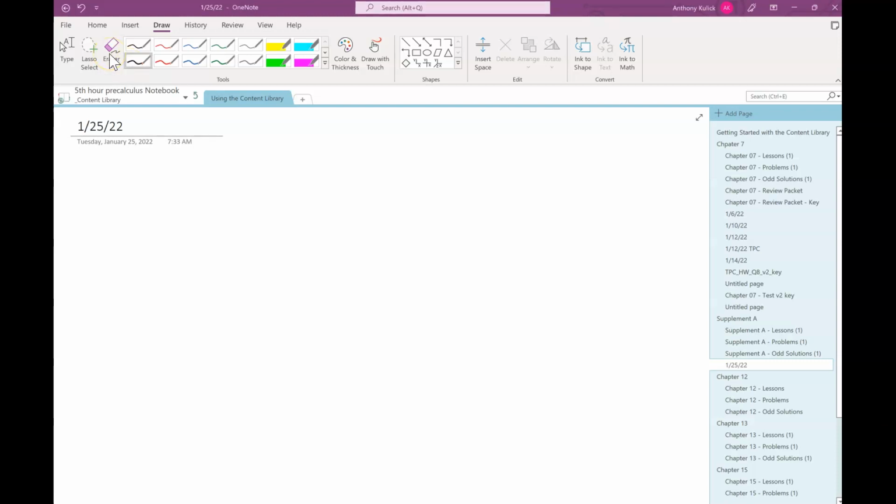We're moving on to this Supplement A chapter, which is about solving systems of equations. In our first section, we're going to be talking about solving linear systems by graphing.